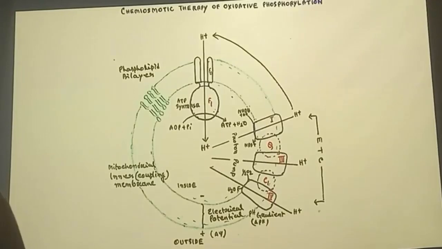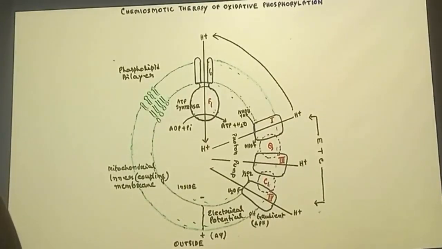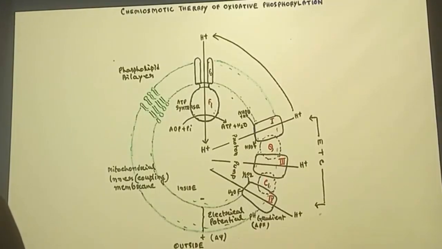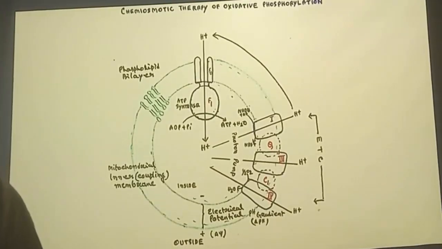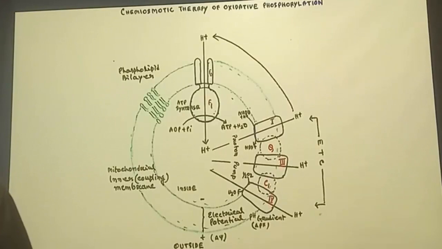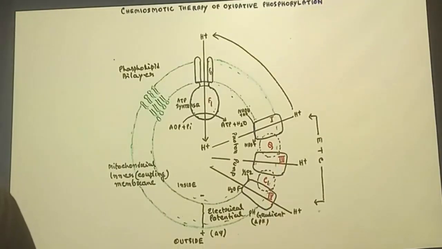Substrate level phosphorylation is also possible. One example is glyceraldehyde 3-phosphate to 1,3-bisphosphoglycerate, and therefore ATP is generated. 2,3-phosphoglycerate and ATP is produced from this high energy phosphate. These are known as substrate level phosphorylation.